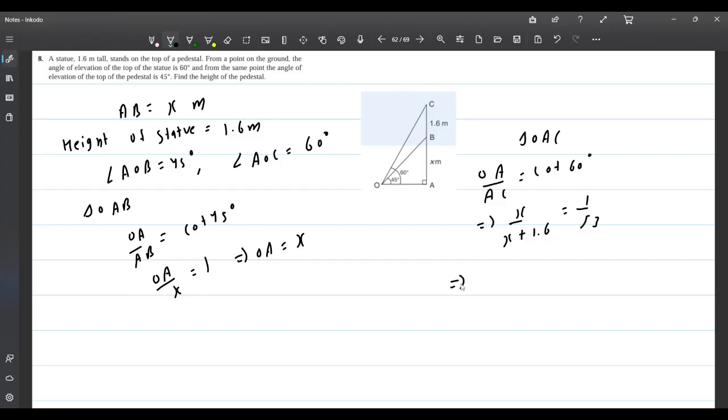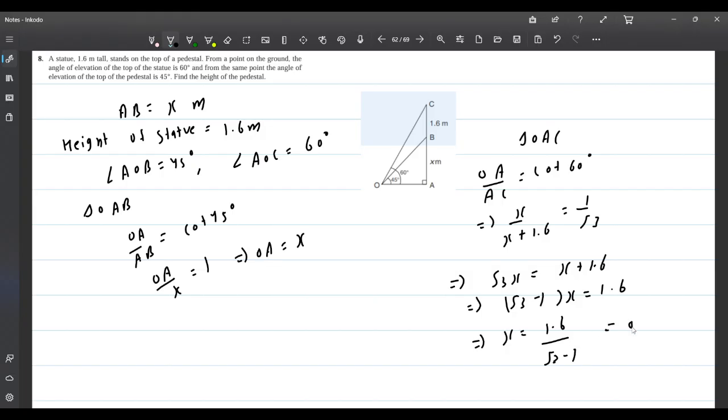So this is equal to root 3 x is equal to x plus 1.6. So here we get under root 3 minus 1 into x, and this is equal to 1.6. So x is equal to 1.6 upon under root 3 minus 1.